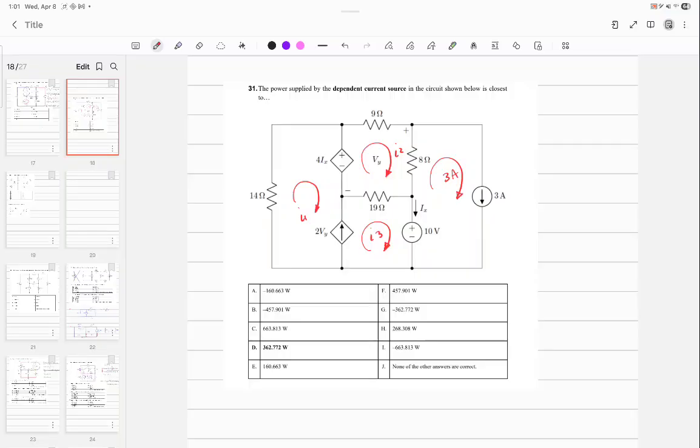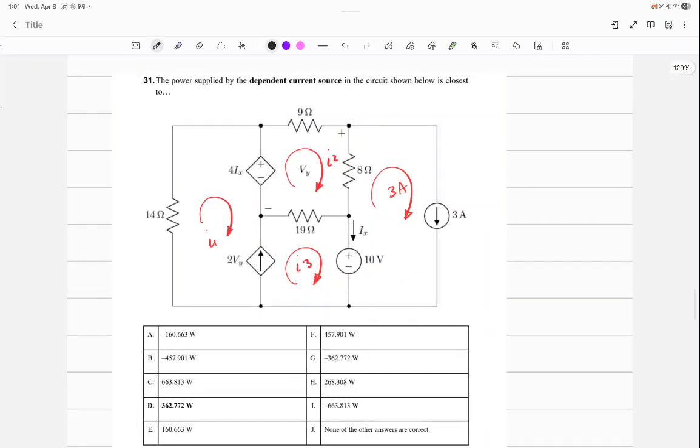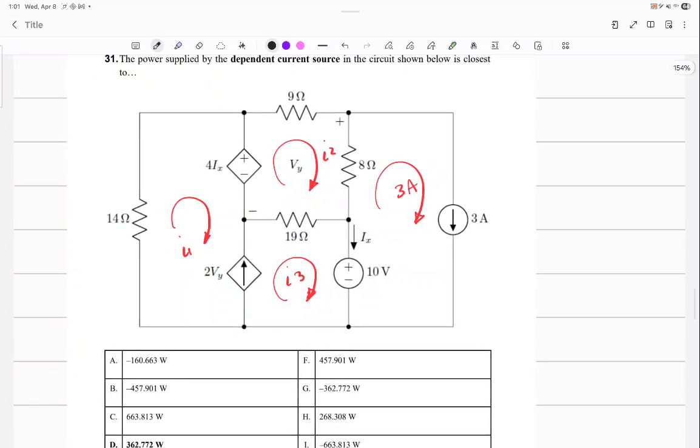So how should I write the KVLs? Should I write one around I1 or no? No. Why? It's a supermesh. Write one around this.